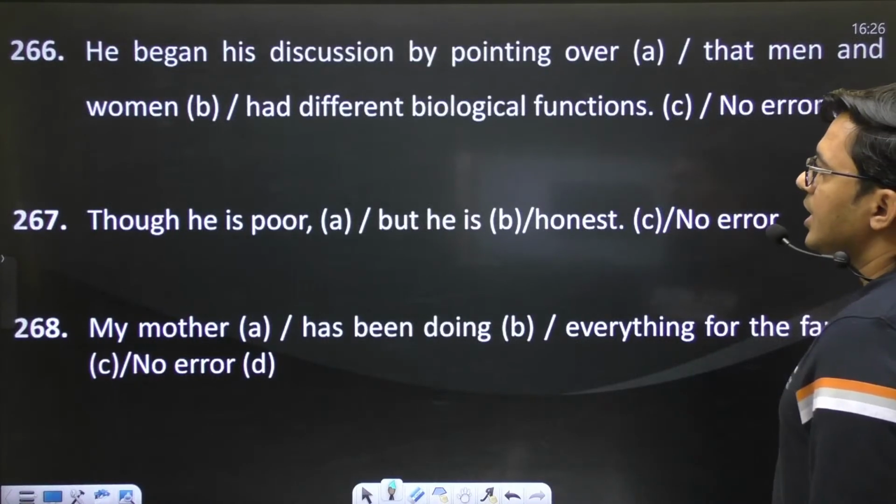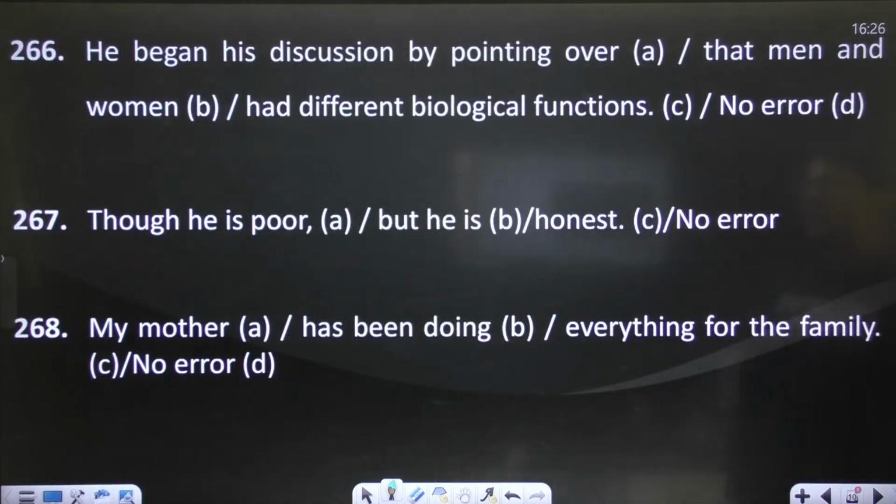Next sentence. He began his discussion by pointing over that man and woman had different biological functions. What do you think of this sentence?